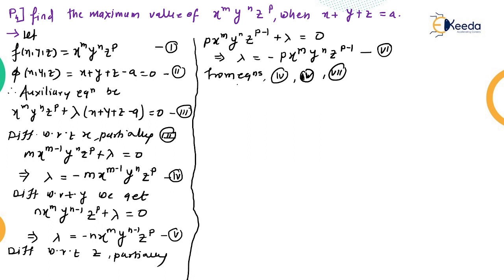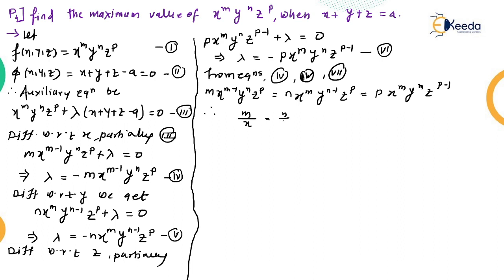Equating them, the negative sign becomes positive, and we get m into x power m minus 1 y raised to n and z raised to p equal to n into x raised to m y raised to n minus 1 z raised to p, that is equal to p into x raised to m y raised to n and z power p minus 1. Therefore cancelling the common power terms in all equating signs, we get m divided by x equal to n divided by y equal to p divided by z.